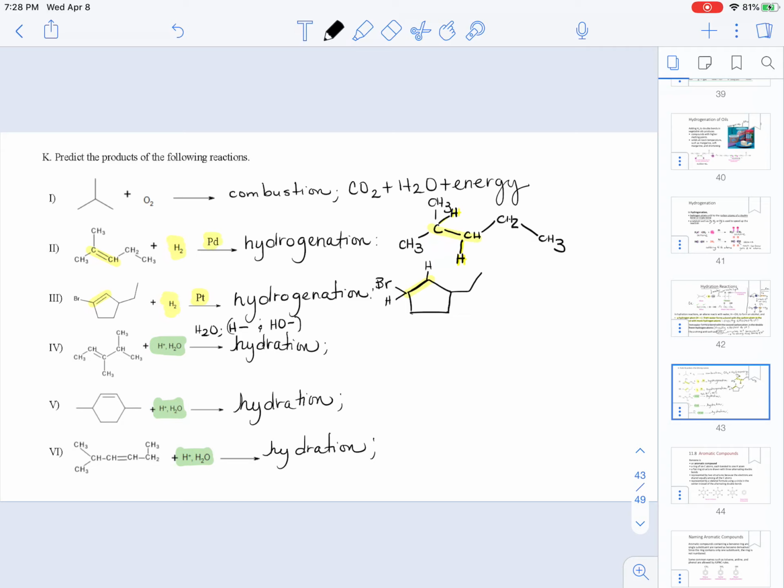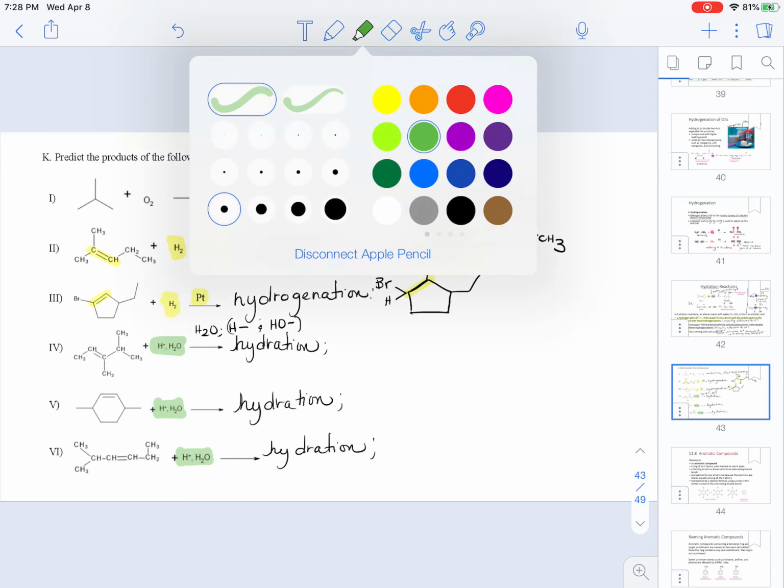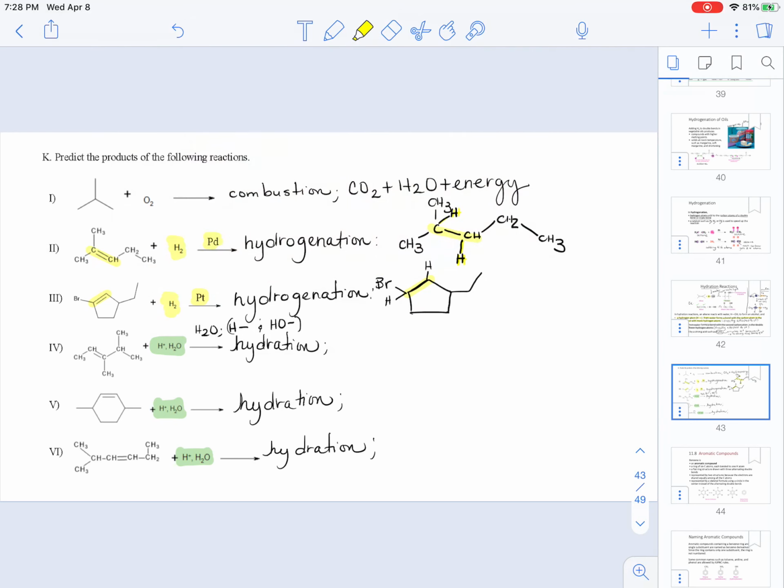So when we are dealing with number 4, I'm going to be highlighting the carbon-carbon double bond. If I number these carbons as carbon 1 and carbon 2, or you can do A and B, it doesn't matter the labeling. Let me just change it to A and B so there's no confusion.